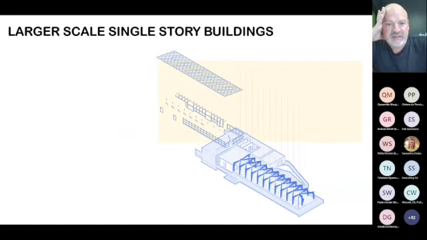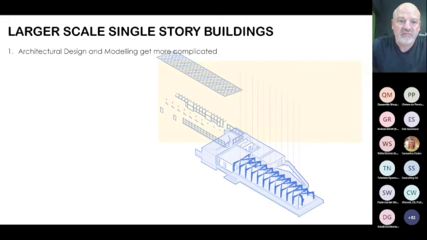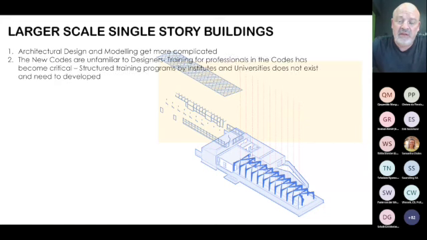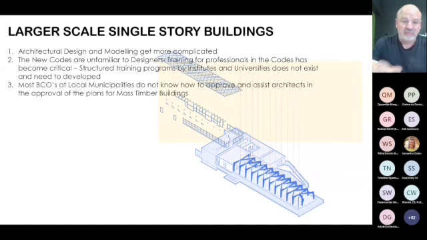When we move to larger scale single story buildings, the architectural design and modeling can get more complicated. The new codes in timber are quite unfamiliar to designers, and training for professionals in these codes has become critical. I think structural training programs by institutes and universities do not necessarily exist at the moment and need to be developed.